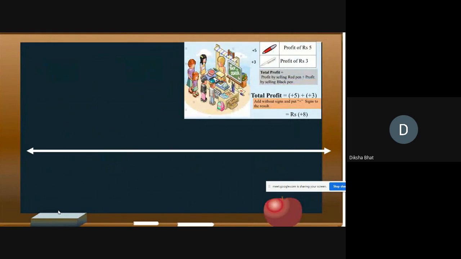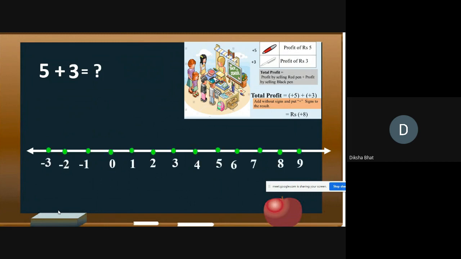We will take a previous example. Now let's add these numbers using number line. Here we had plus 5 plus 3. Over here we had got answer as 8. Now let's check if we get same answer using number line. For addition, first of all, draw a number line of integers. Here, which is the first integer?